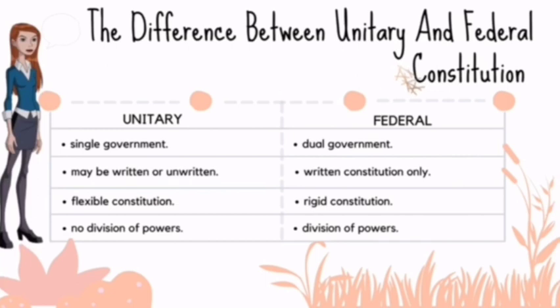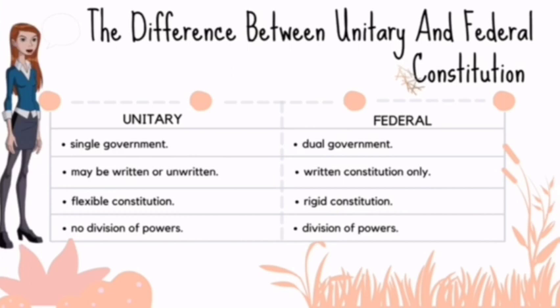Thirdly, unitary is a flexible constitution. It is because a unitary constitution is easily changeable, where the amendment can be passed by a simple act of law. On the other hand, federal is a rigid constitution. A federal constitution is not easily changeable. It can only be amended by special condition.